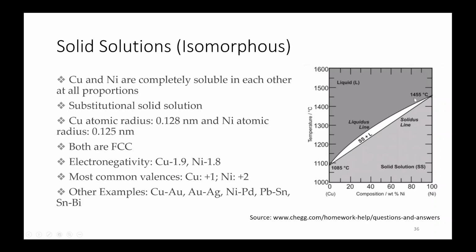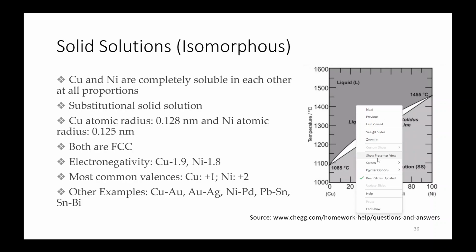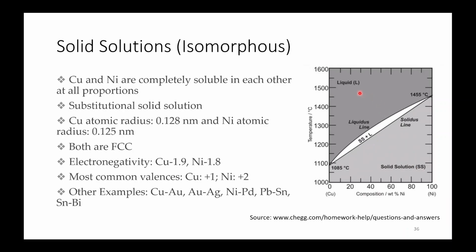Now this is their phase diagram. We'll be studying phase diagrams in later chapters. So in this area it is in liquid form. Both copper and nickel are liquid. This is your phase field.